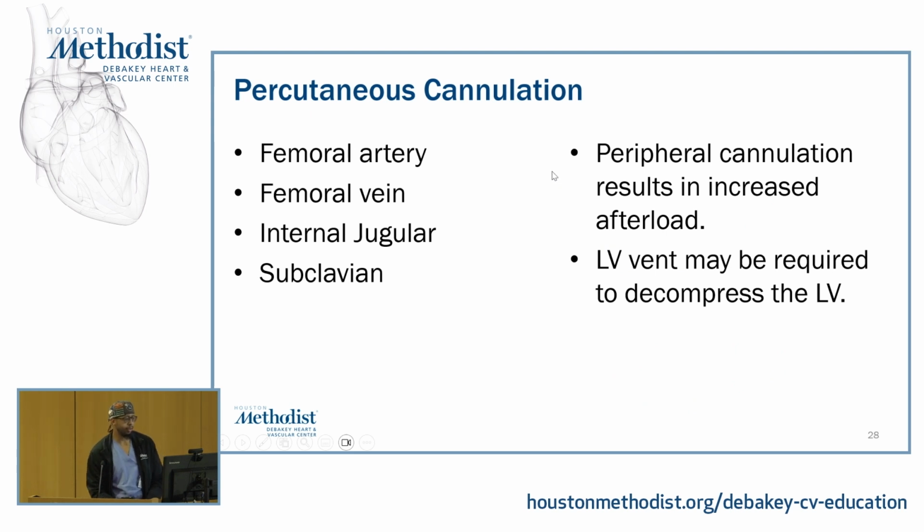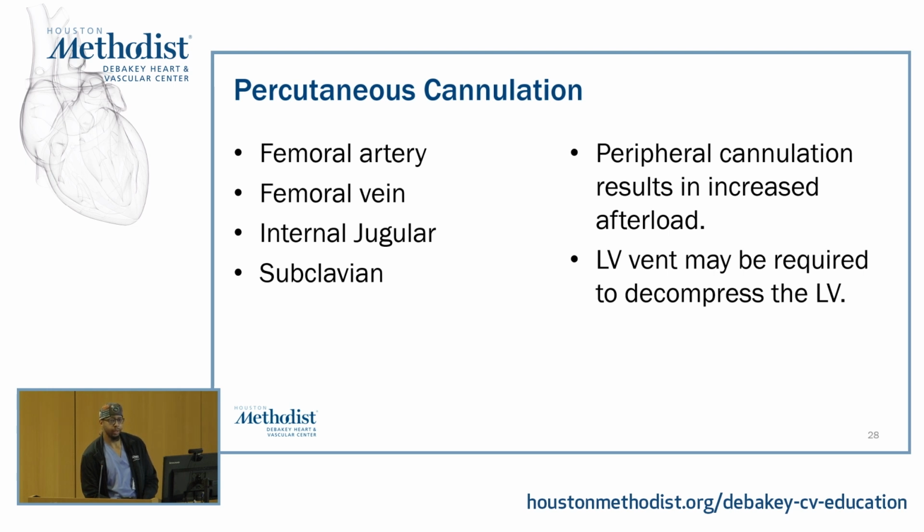For percutaneous cannulation sites, we usually will cannulate a femoral artery, femoral vein, IJ or subclavian, whatever sites are most accessible at the time. That's going to usually be your femoral artery and femoral vein. Two of the complications associated with peripheral cannulation is increased afterload.